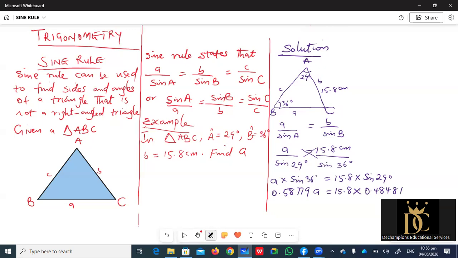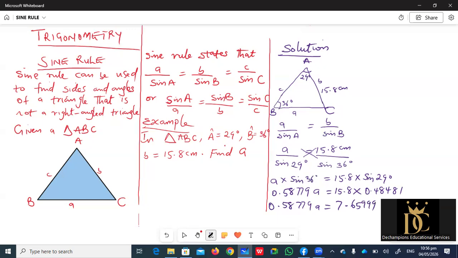So 0.58779a is equal to 0.48481 times 15.8, and that gives us 7.65999.